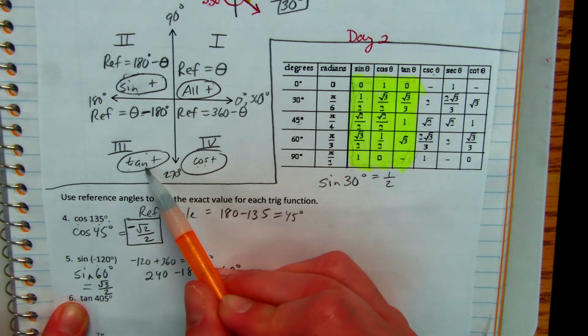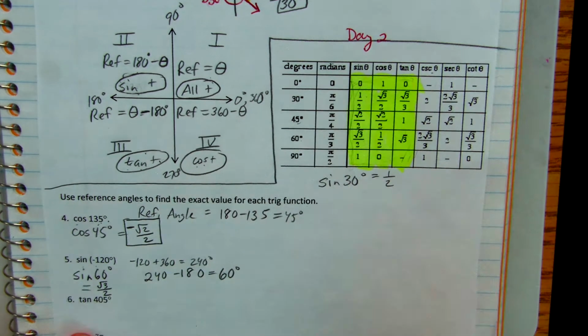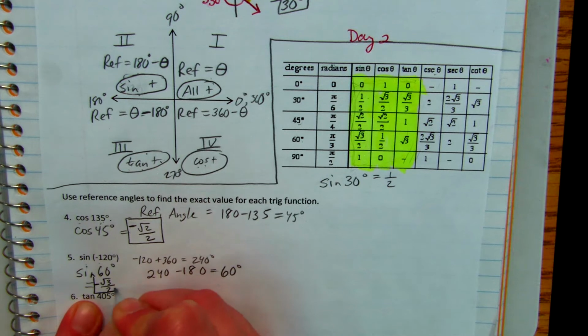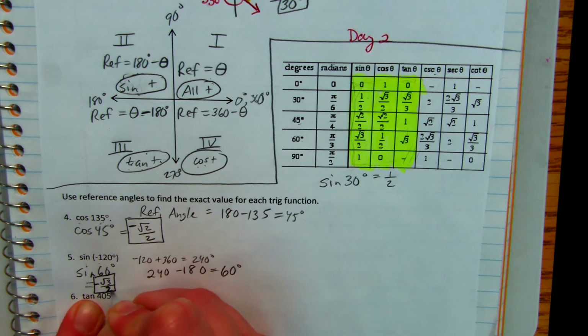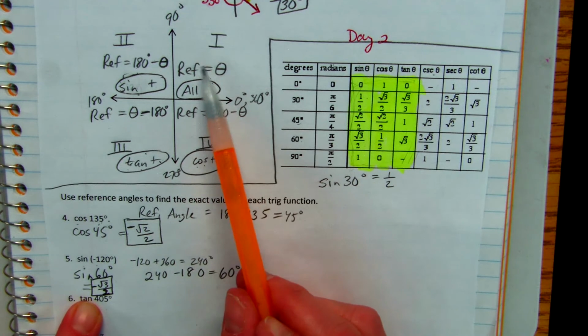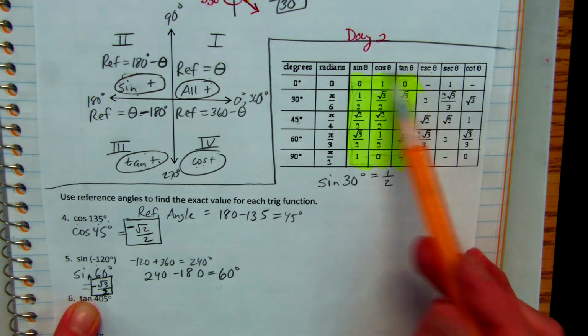So look, tangent and cotangent would be the only things that are positive. Sine is not. So instead of just radical 3 over 2, we slip a little negative on the front of that. And that's the only difference between this answer and the answer that was in the first quadrant. So we change it into something that would be first quadrant so you can look it up really easily.